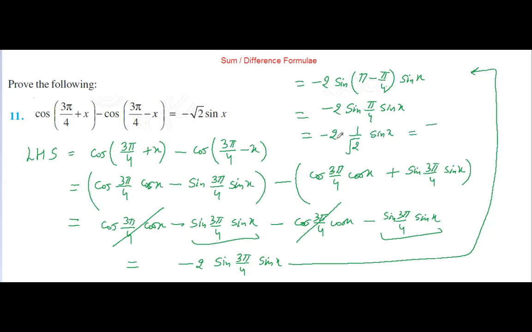I can write the numerator 2 like root 2 multiplied by root 2 into sine x divided by root 2. So root 2 cancels, and what is left is what we wanted, that is the right hand side. Okay.